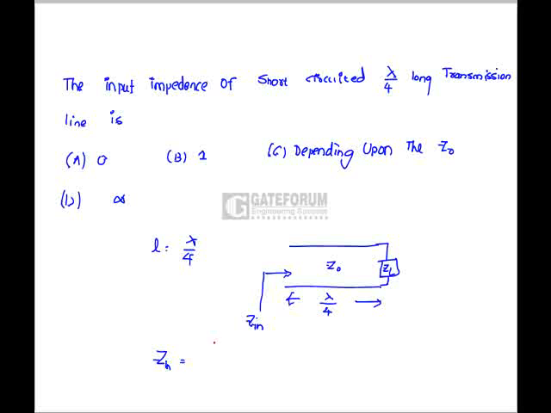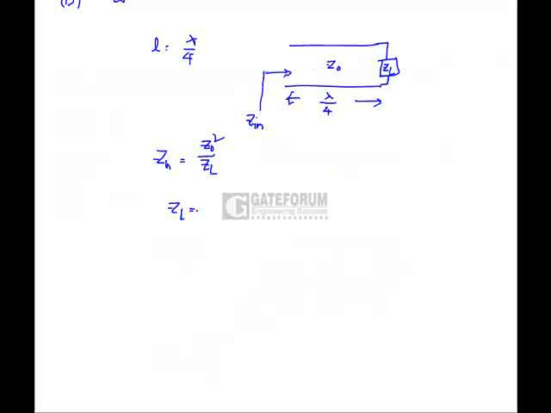Zin is Z0 square by ZL for a lambda by 4 length transmission line. From the question, ZL equals 0. That means Zin is going to be infinite. Hence option D is correct.